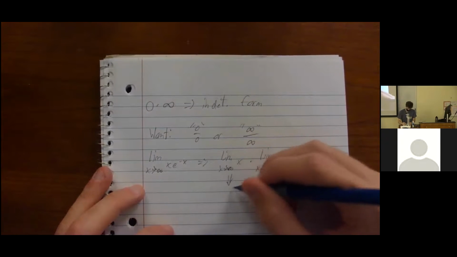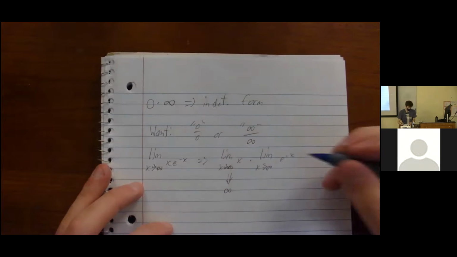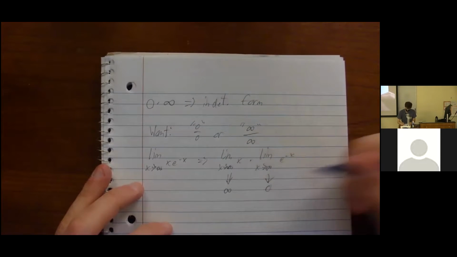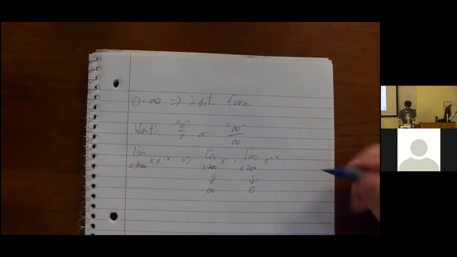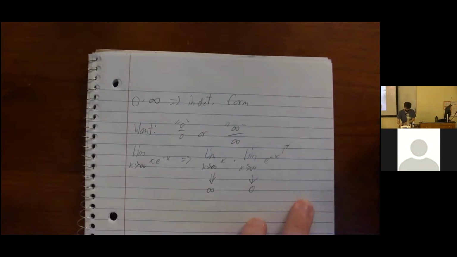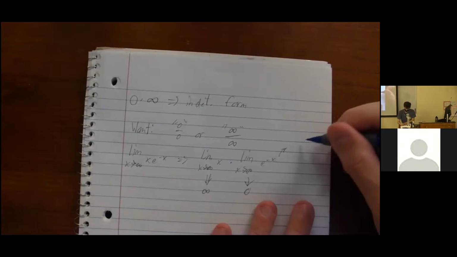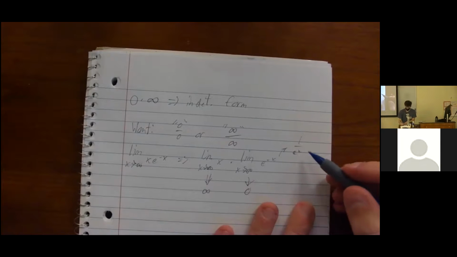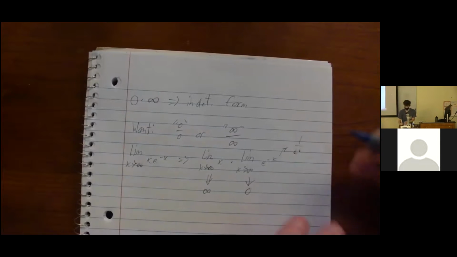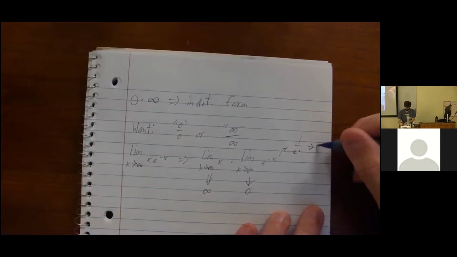The first goes to regular old infinity. The second goes to 0, because e to the negative x is like 1 over e to the x, and e to the x at infinity is really big, and 1 over infinity would basically go to 0. So it goes to 0.